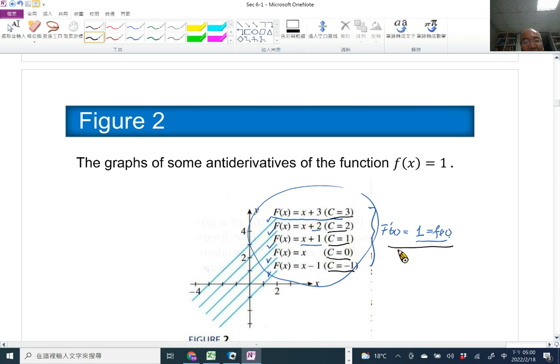That means even though those antiderivatives may not be the same, their core parts are the same, and they only differ by constants.